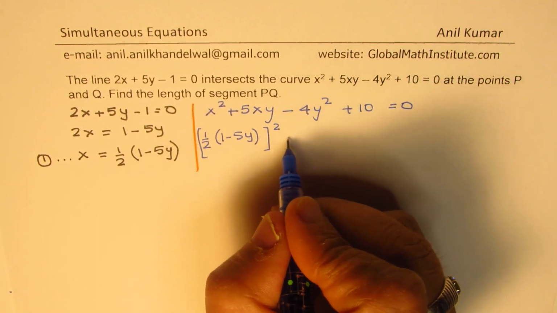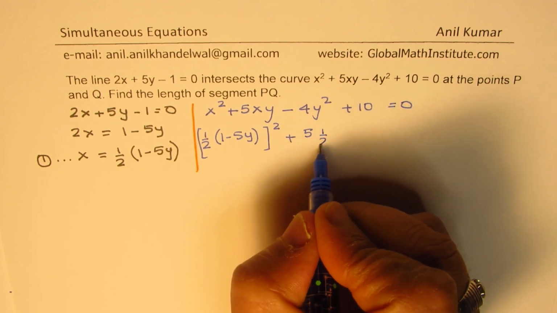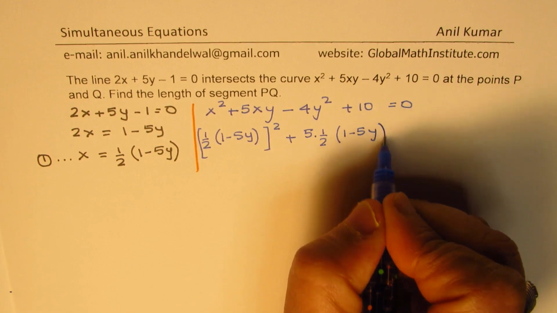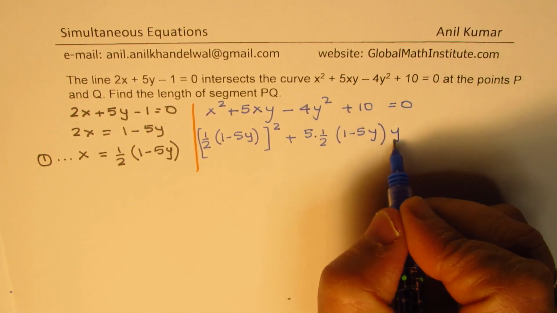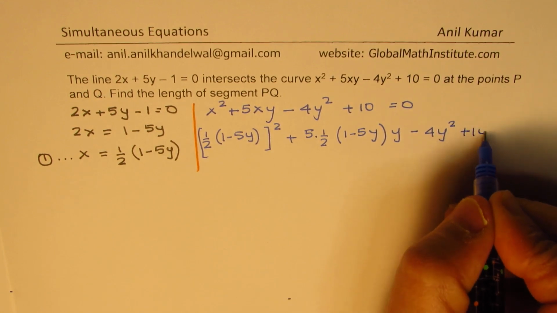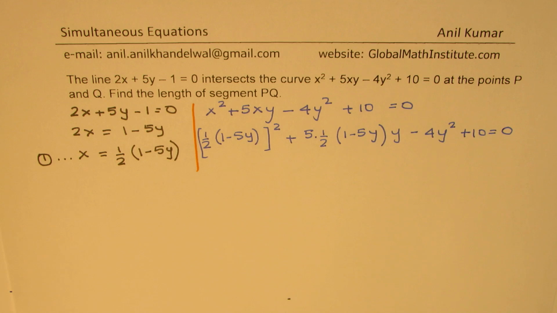So slightly more complicated. 5 times x, which is half of 1 minus 5y, times y, minus 4y squared plus 10 equals 0. So that becomes an equation where we have only one variable, which is y.